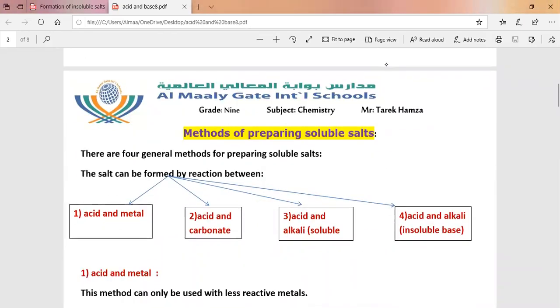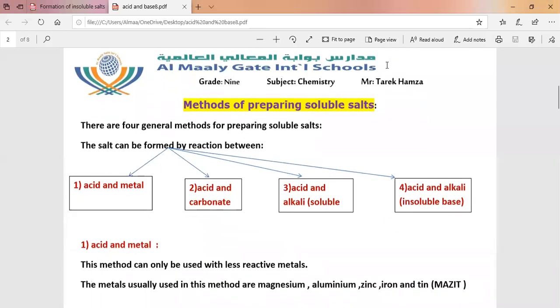The next point, method of preparing soluble salts.